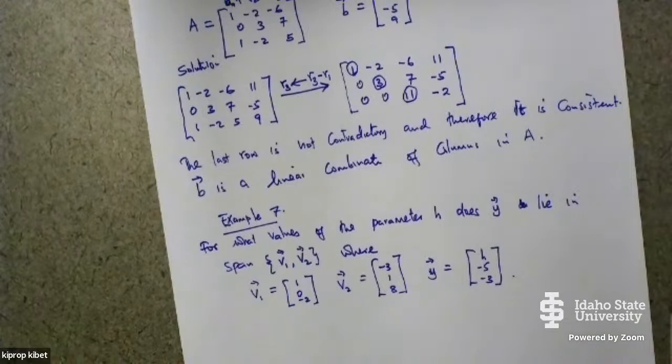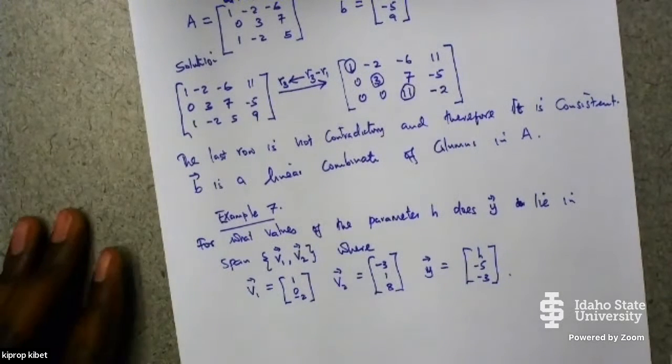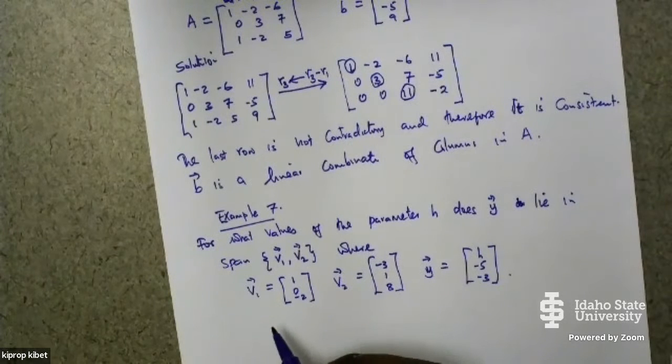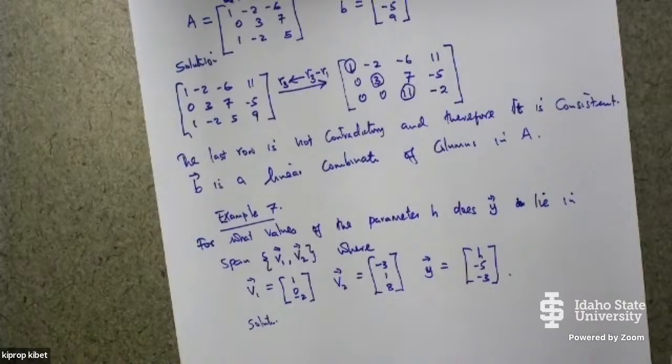So for what values of the parameter h does y lie in the span of those? The span is a collection of vectors which are linear combinations. So in this case, we need to know the values of h that can make this consistent.